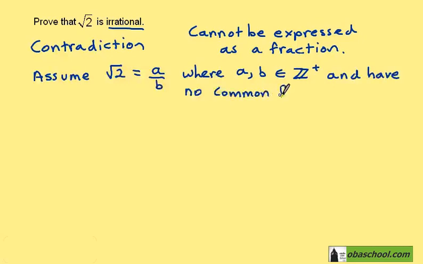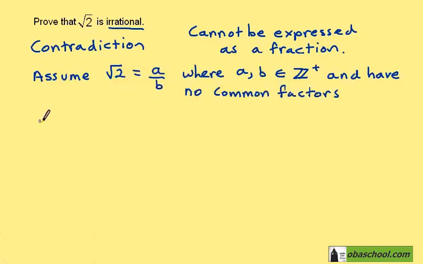So we're assuming that root 2 can be expressed as a simplified fraction. In other words, not as 4 over 6, but as 2 over 3, a fully simplified fraction where there are no common factors between the numerator and the denominator.